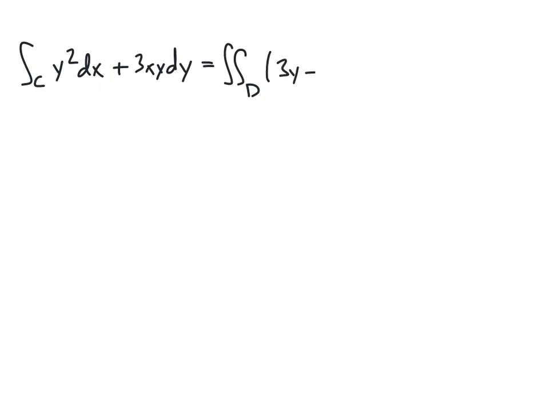So Green's theorem says the following. It says the integral, our original integral, the integral over C of y squared dx plus 3xy dy is equal to the double integral over that semi-annular region D of the derivative of Q with respect to x, which would be 3y, minus the derivative of P with respect to y, which would be 2y.